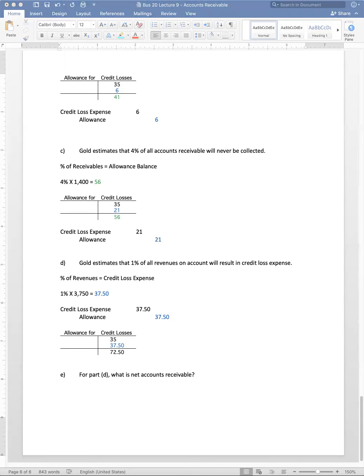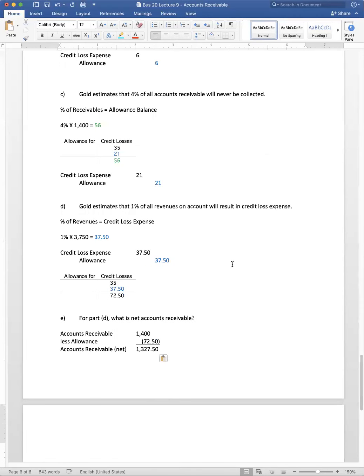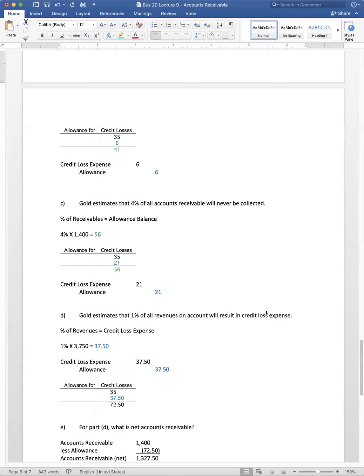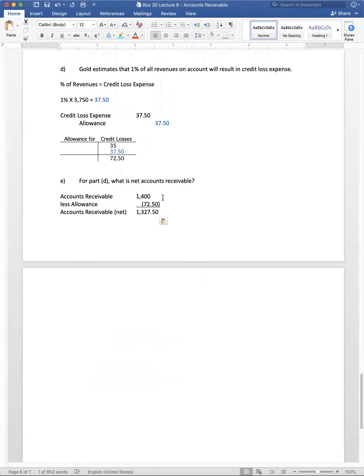So for part D, the accounts receivable in total are $1,400, and we know that because back here, the total accounts receivable are $1,400. So we have $1,400 less the allowance that we calculated in Part D of $72.50. So the total accounts receivable net are $1,327.50.